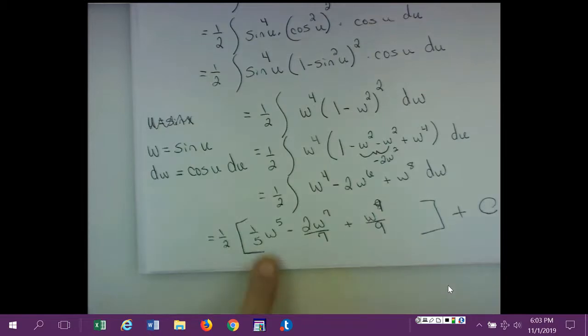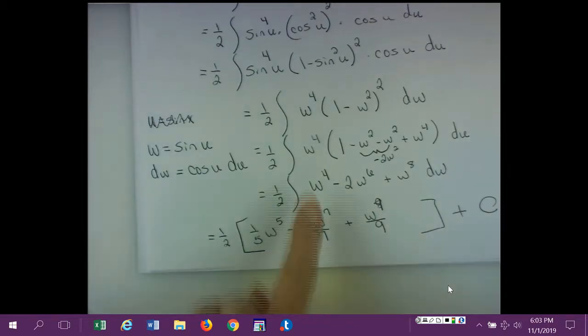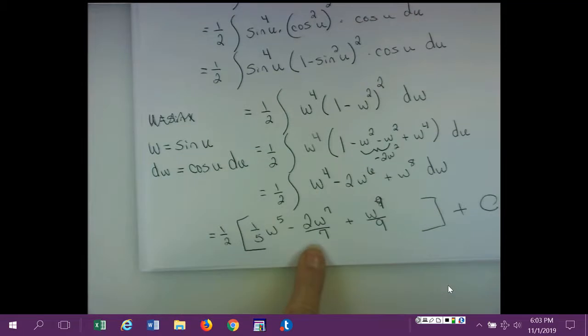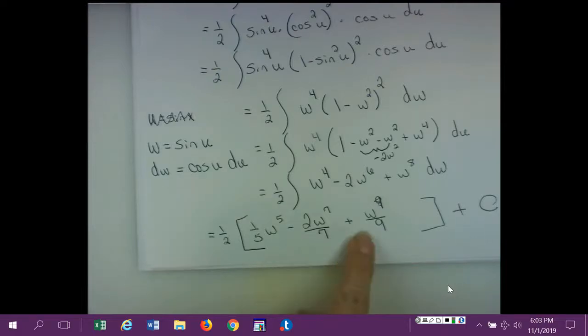Remember, if you were to take the derivative of this, 1/5 w to the 5th, you would get w to the 4th back. The derivative of negative 2/7 w to the 7th power, you should get negative 2w to the 6th power back. And the derivative of 1/9 w to the 9th power, you should get w to the 8th power back.